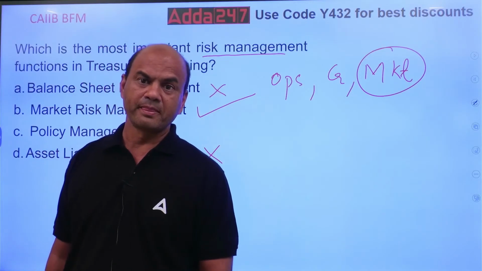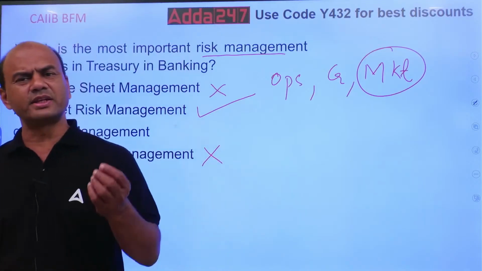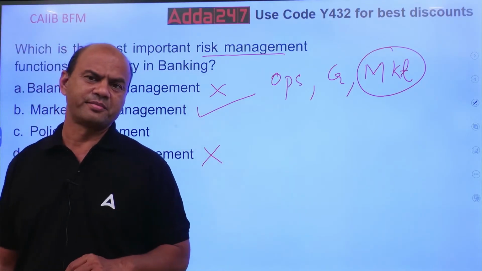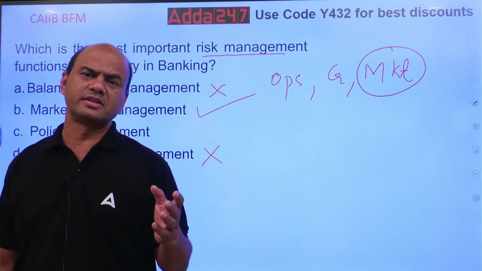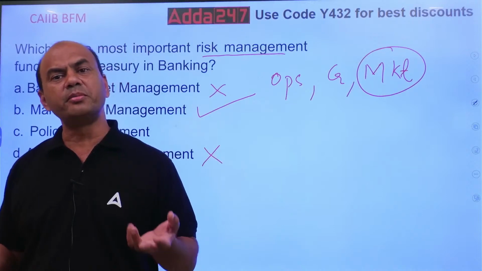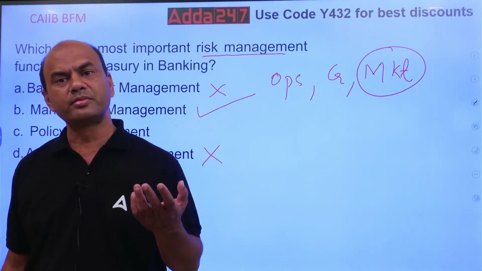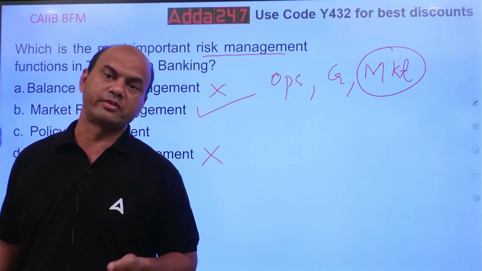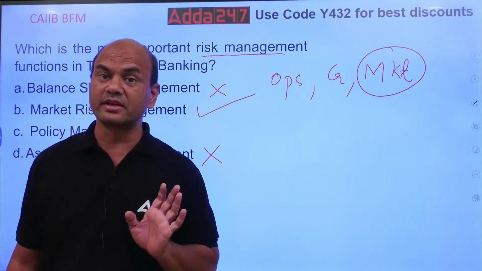Okay? Means what? I'll give you an example. Market risk. Tomorrow there is a third world war. So if there is a third world war, immediately the oil prices will go up. Immediately all the banks will be affected. So is it in your hands as a bank?